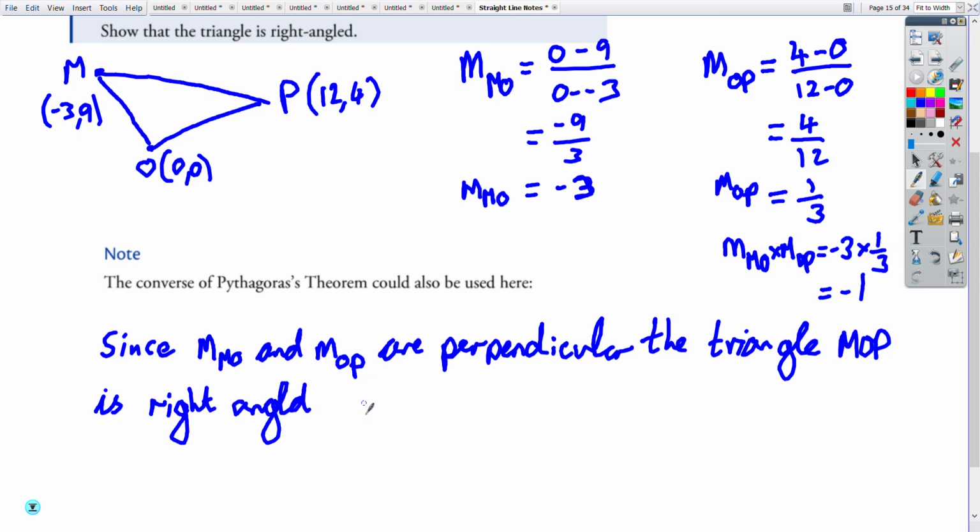And here you could also use the converse of Pythagoras' theorem.